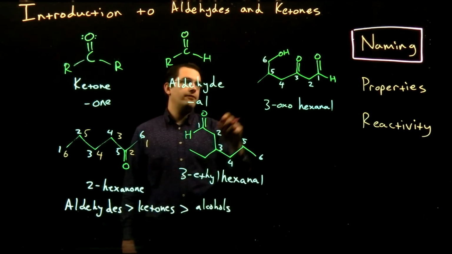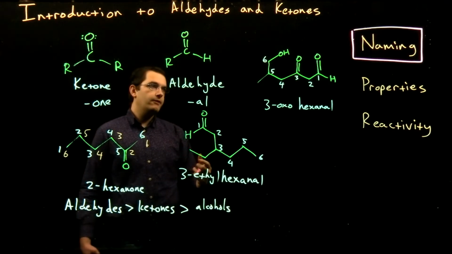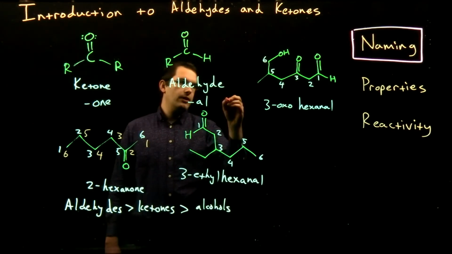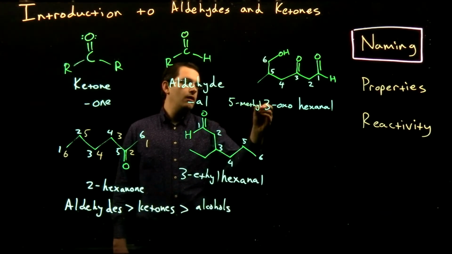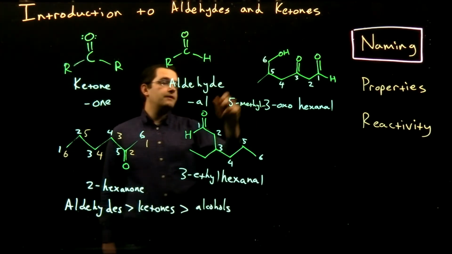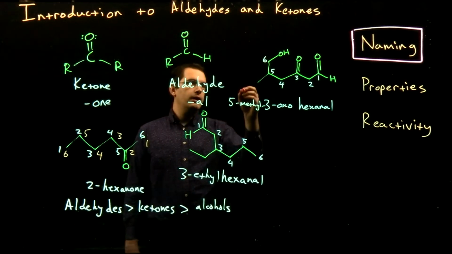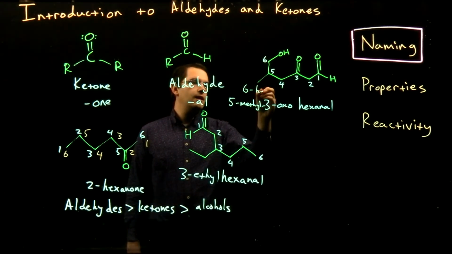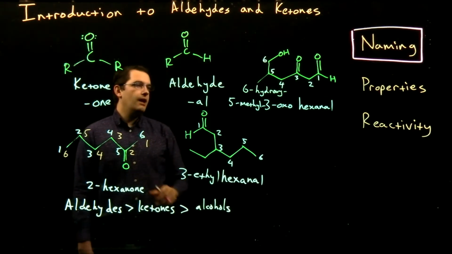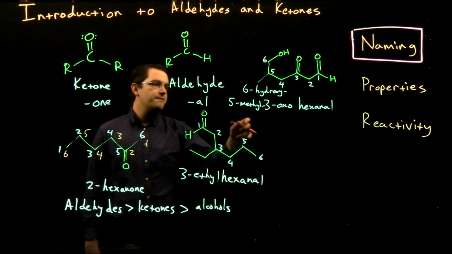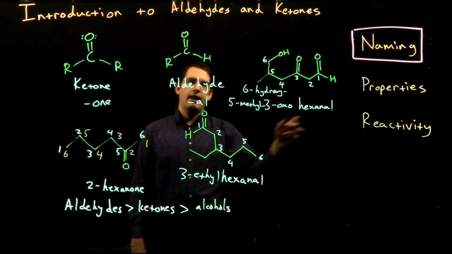And then of course at the fifth position we have a methyl group. So that's going to be 5-methyl. And at the sixth position we have an alcohol. We'll indicate this as 6-hydroxy. So the full name is 6-hydroxy-5-methyl-3-oxohexanal.